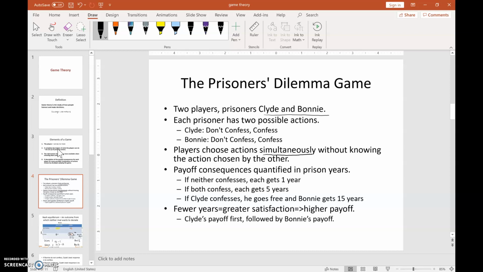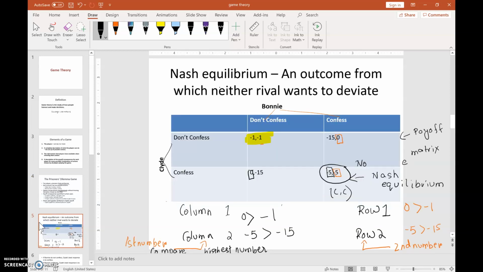Their actions are chosen simultaneously. That means they do not really know what the other player will choose, because they are definitely going to be interrogated in two separate cells.